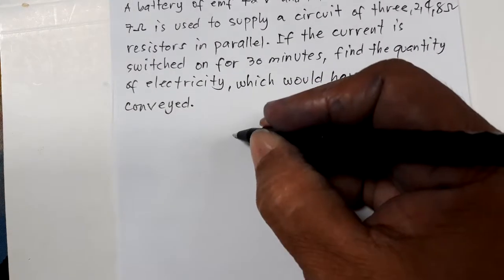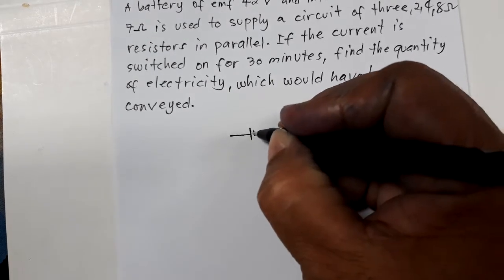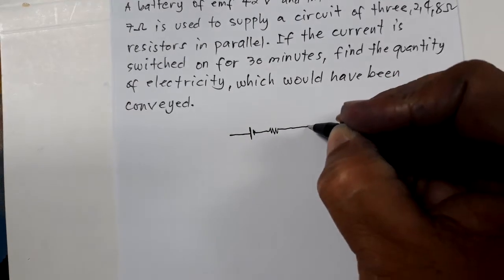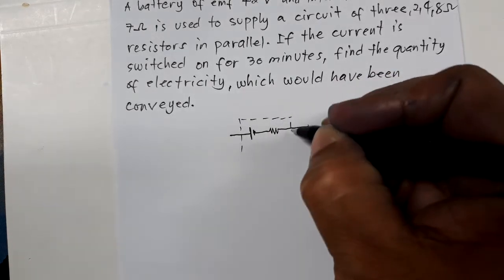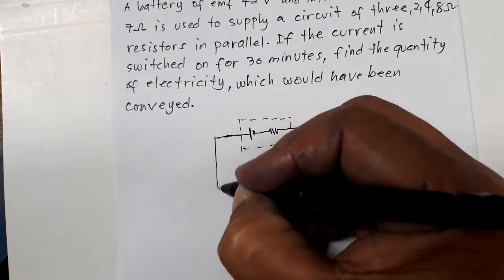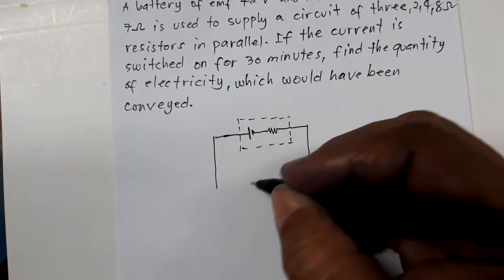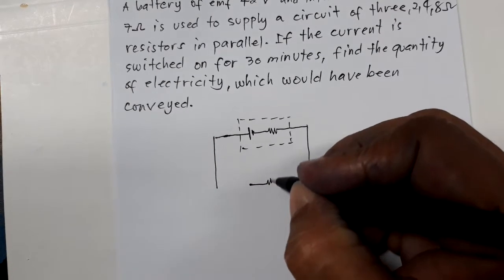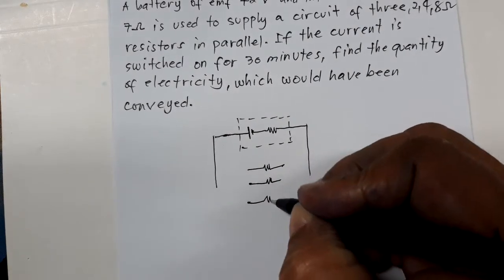So, let us say this is our battery, and this is our internal resistance. This is supplied to resistors in parallel: 1, 2, 3.